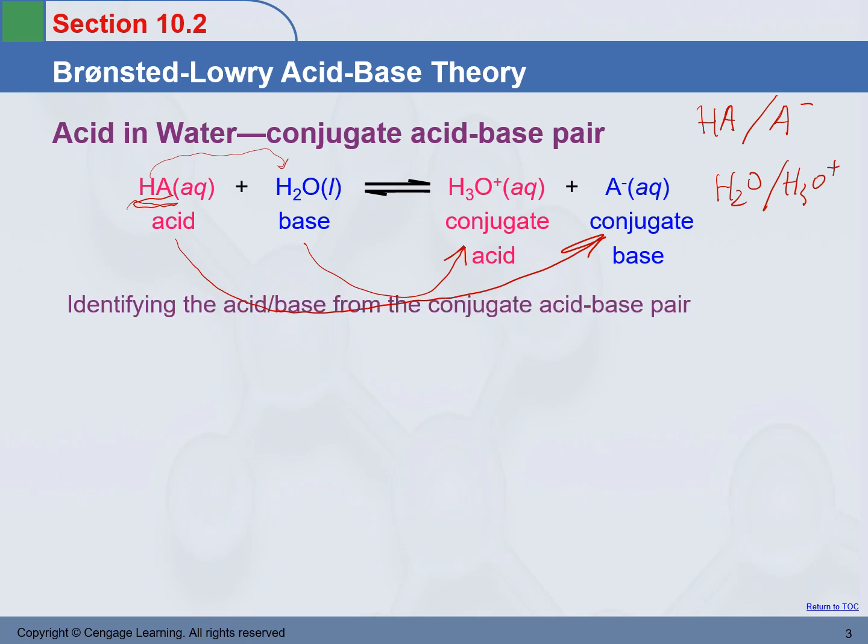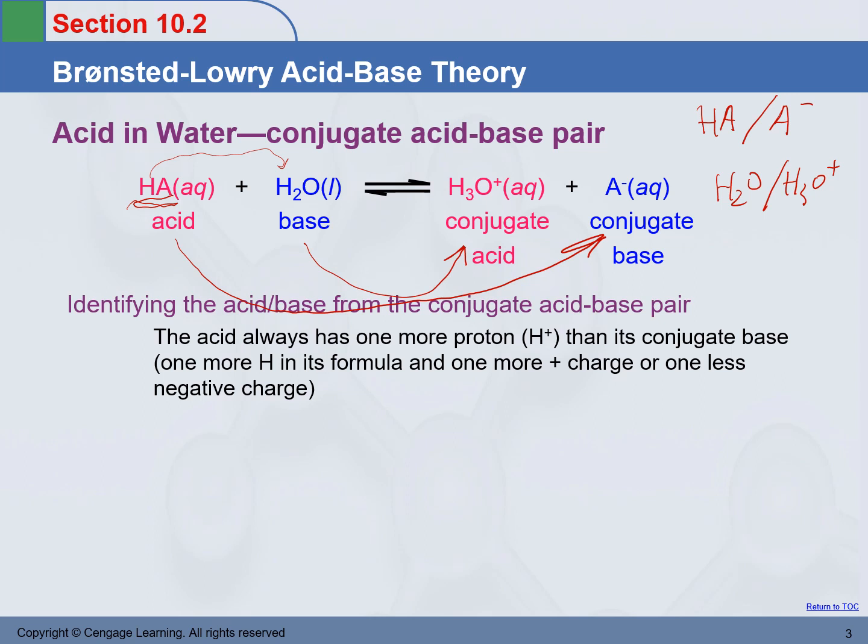So how do we identify the acid and the base in a conjugate acid-base pair? How do we know which one is acid, which one is base? Again, we just summarized it already. The acid in the pair always has one more proton than its conjugate base.